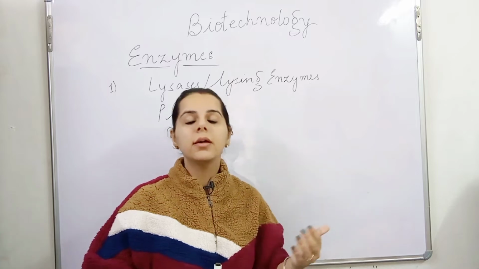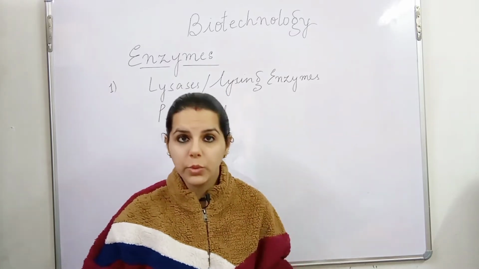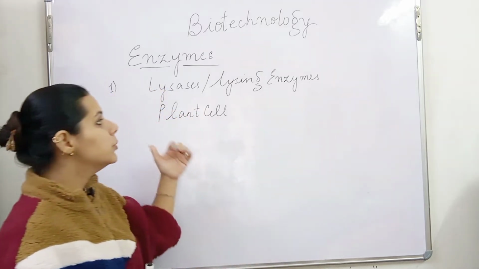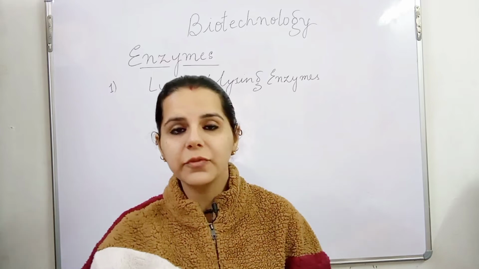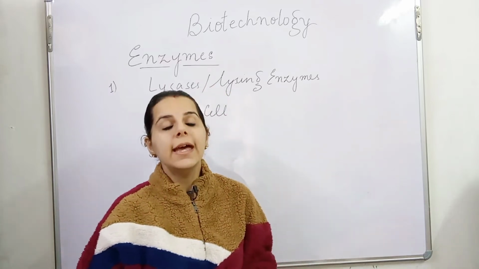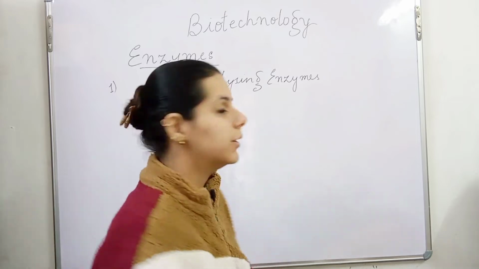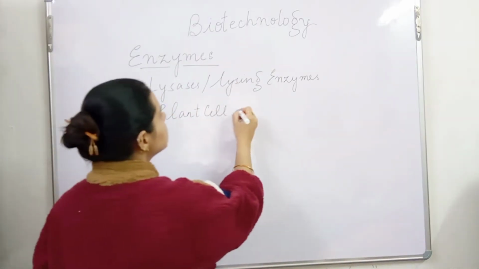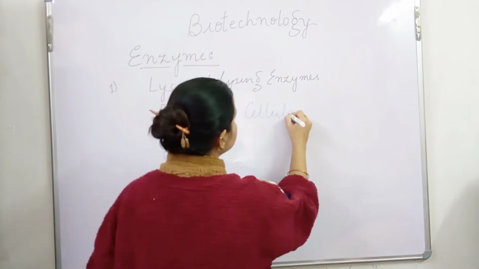Now, here comes the role of these lysing enzymes and how we do that. We'll take an example of a plant cell. We all know that a plant cell has a cell wall. The very first layer is the cell wall, and this cell wall is made up of cellulose. To break down this cellulose, we need the enzyme cellulase.